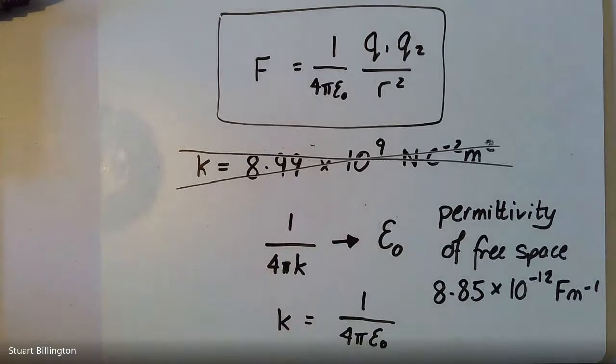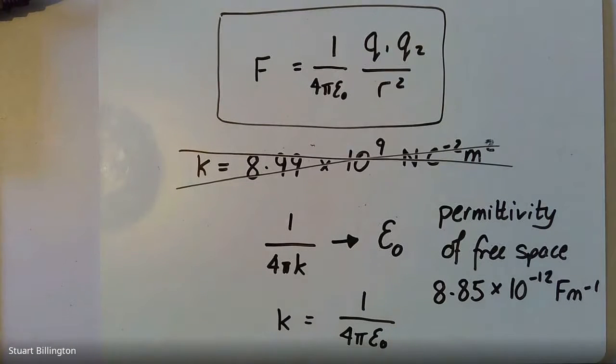So 1 over 4 pi epsilon naught Q1 times Q2 divided by R squared. Okay, so shall we do a practice question to see if you understand quite how big the force is or how small the force is? Let's find out. So let us work out what the force of repulsion is between a pair of protons in an atomic nucleus.